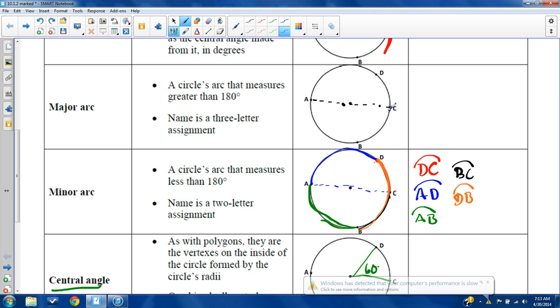We can go from C to B the way I was talking about, the major arc, or you could be a little more simplistic and say, well, this is also C to B. So the question is, why can't I just say CB as a major arc here?